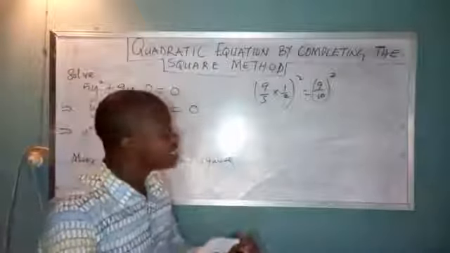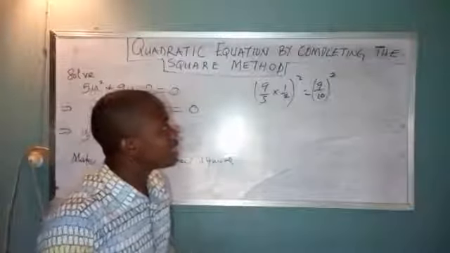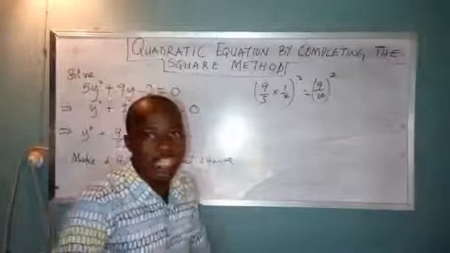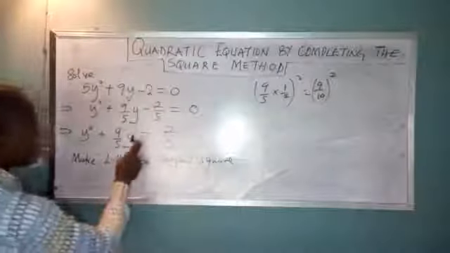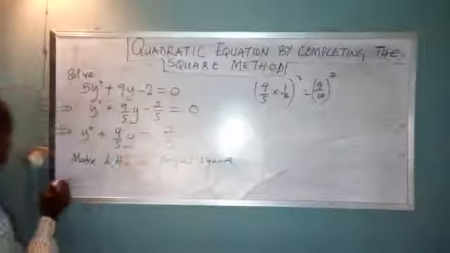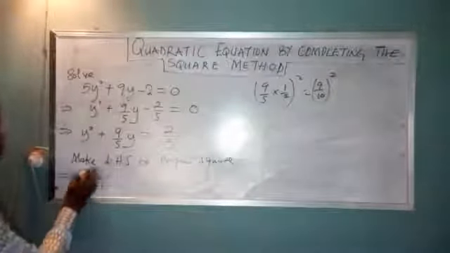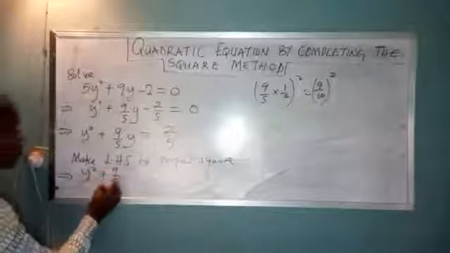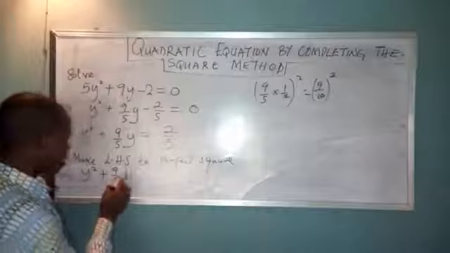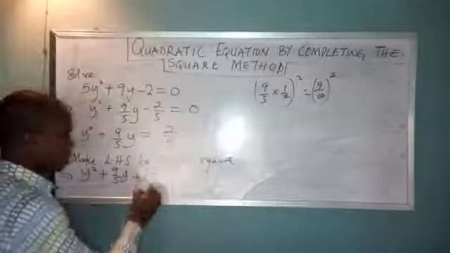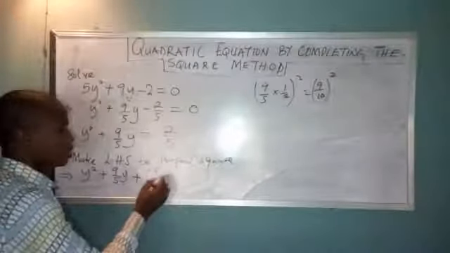We have already taken half of it and squared it. See this, 9 over 10 squared. Now this result, you add to both sides. That is, we have y squared plus 9 over 5y plus 9 over 10 squared on the left hand side.